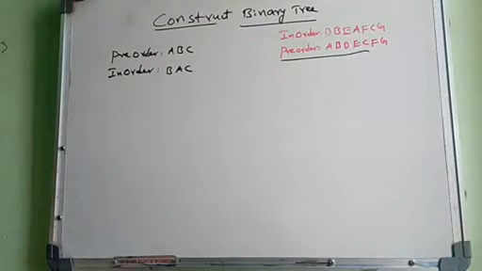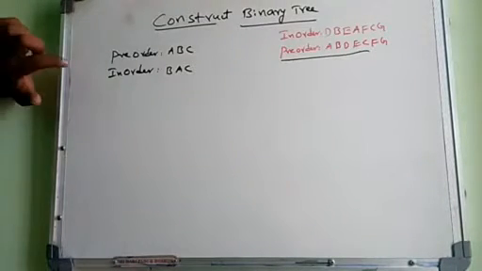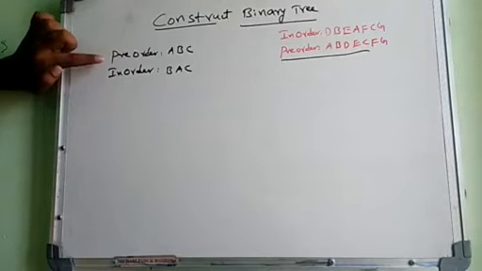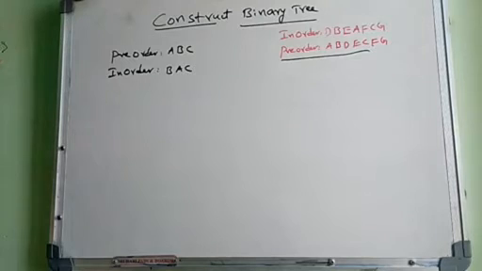So from this example, they give in-order and pre-order, construct a binary tree.